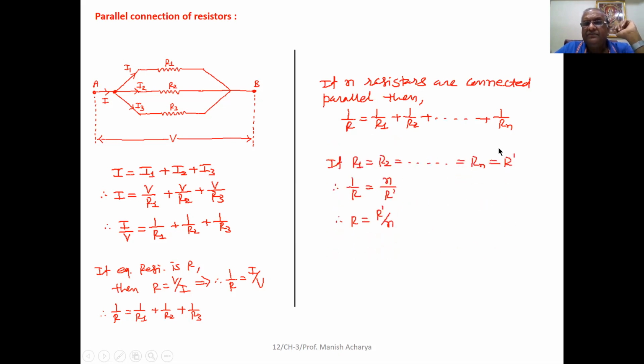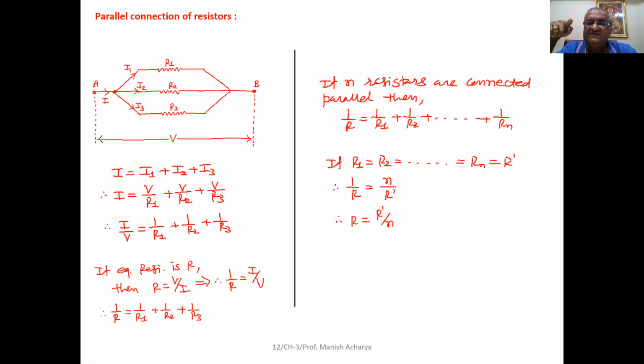Now here, if all the resistors connected in the parallel combination have the same value, meaning R1 equals R2 equals Rn equals R dash, then we can write 1 upon R equal to 1 upon R dash plus 1 upon R dash up to n times. So resultantly, 1 upon R is n times 1 upon R dash. So we can write R equal to R dash by n.